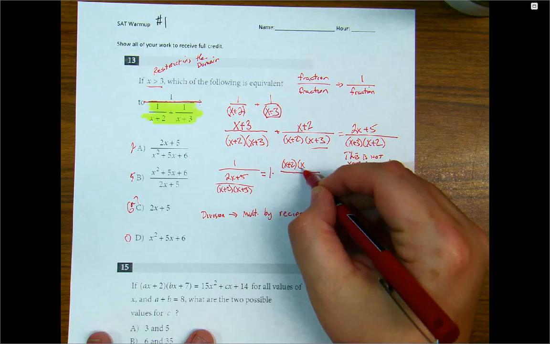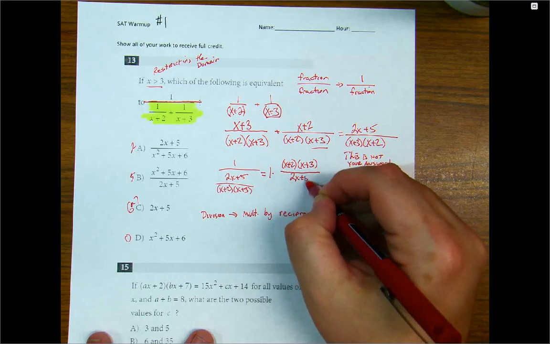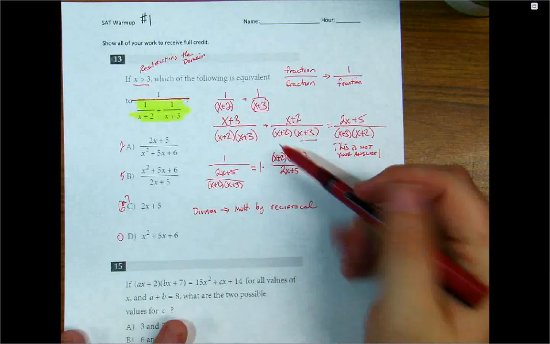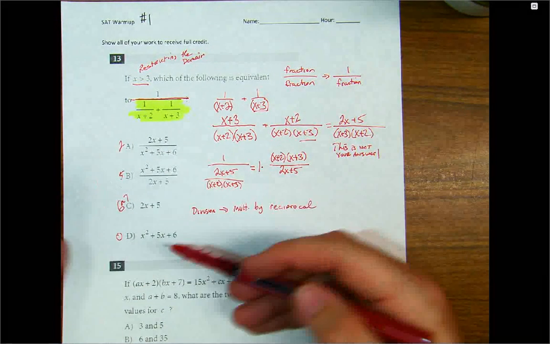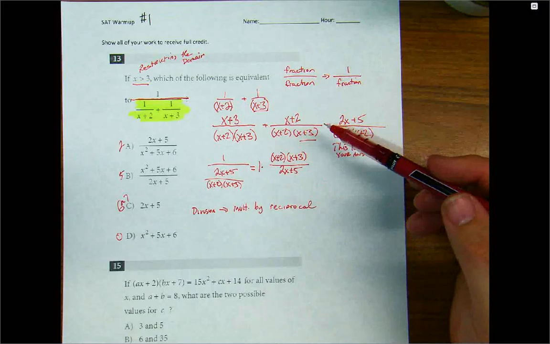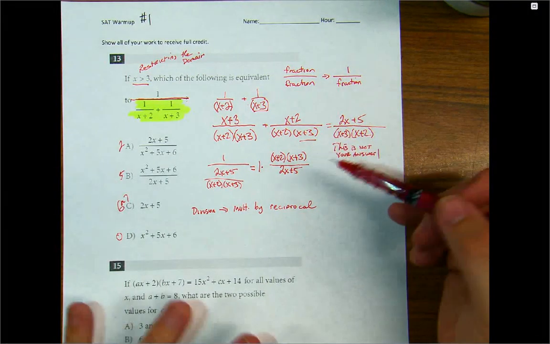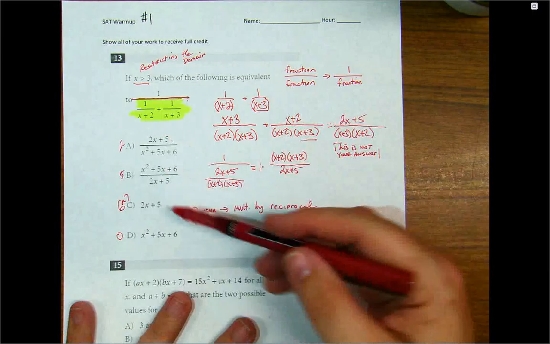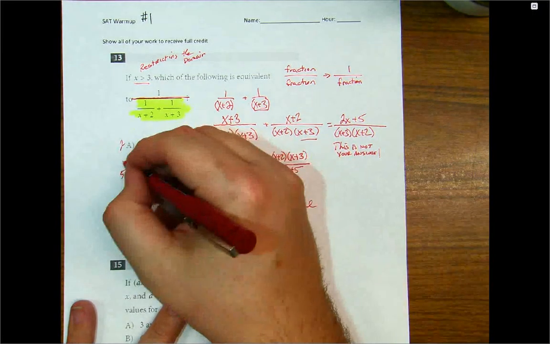X plus 2 times x plus 3 over 2x plus 5. Now, 1 times that is just going to be that. Looking at these answers, do I have to do anything else, or is that there? Is there a fraction that has 2x plus 5 in the denominator? Yeah, B.